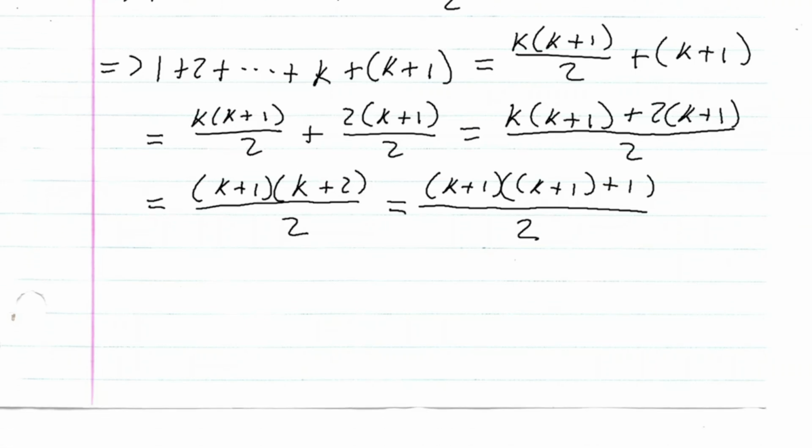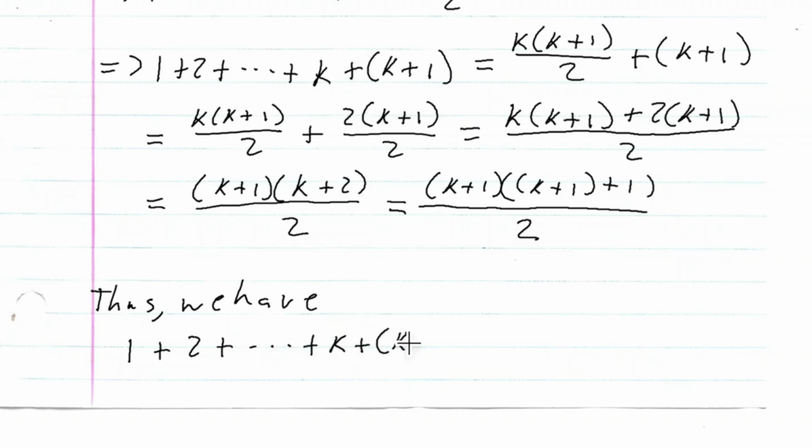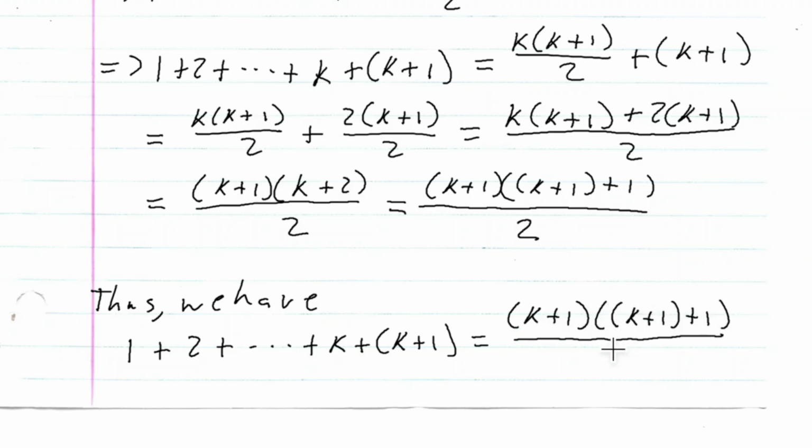So I've shown that, thus we have that 1 plus 2 plus dot dot dot plus k plus k plus 1, right? This sum, the sum up to the k plus 1 natural number, is equal to k plus 1 times k plus 1 plus 1 all over 2.